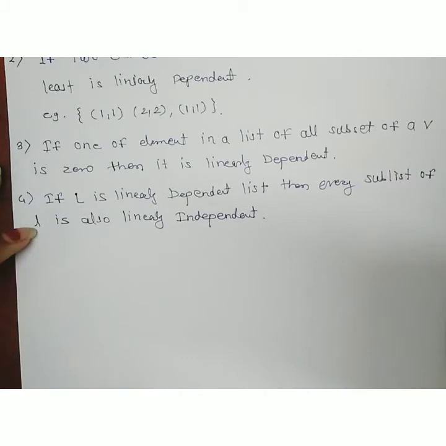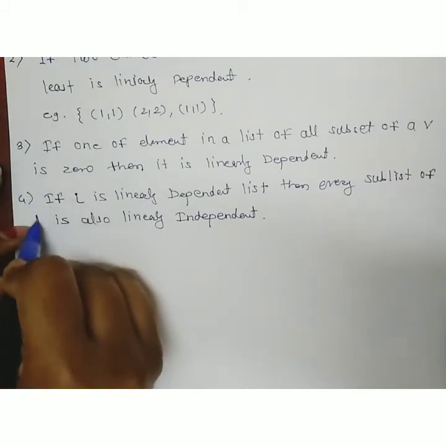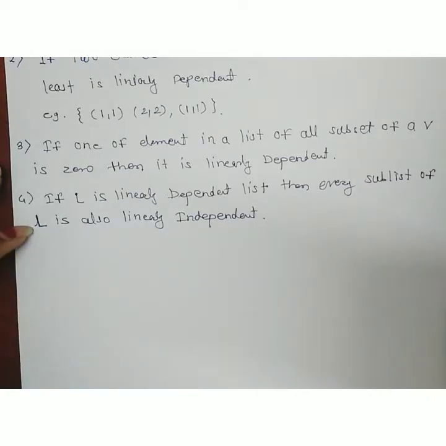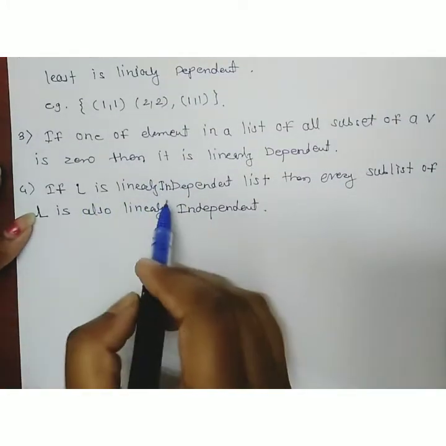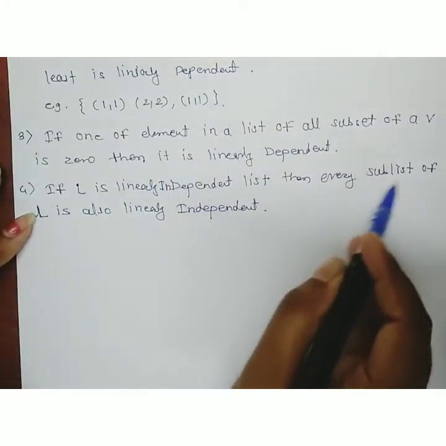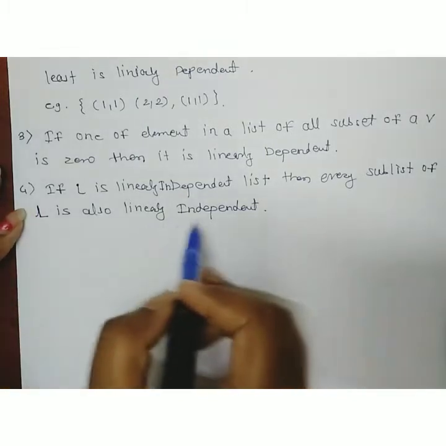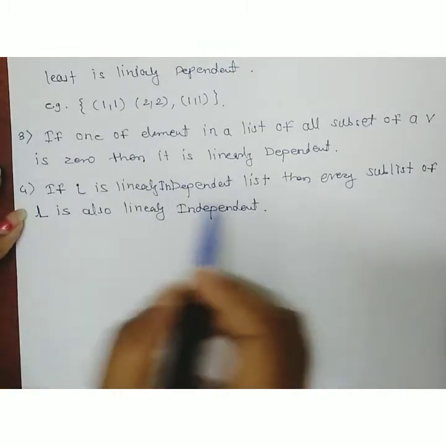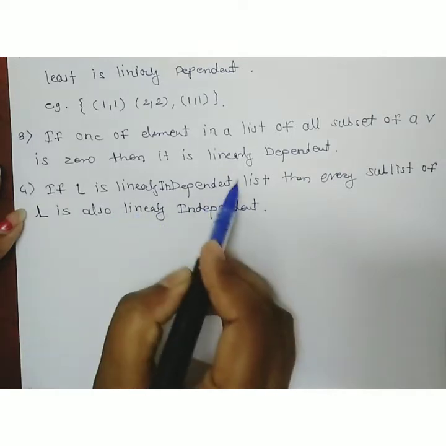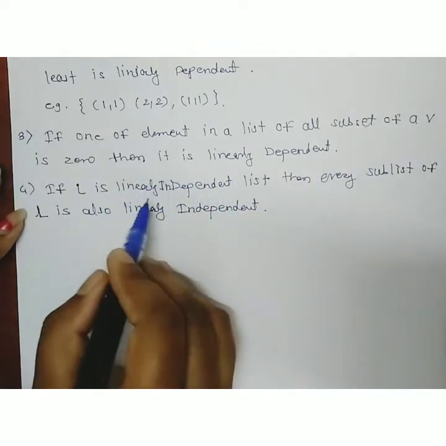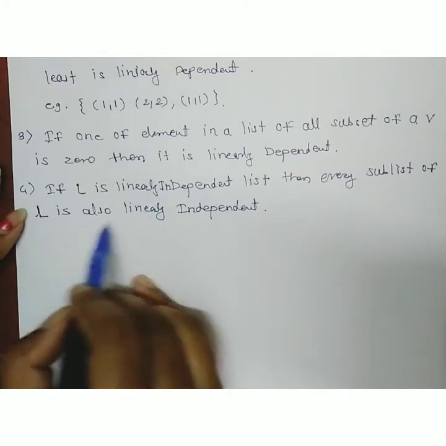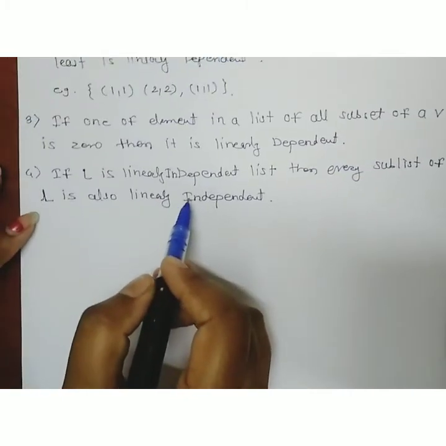If L is a linearly independent list, then every sublist of L is also linearly independent. If we have a linearly independent set of vectors and we consider any subset of this set, then this is also a linearly independent set.